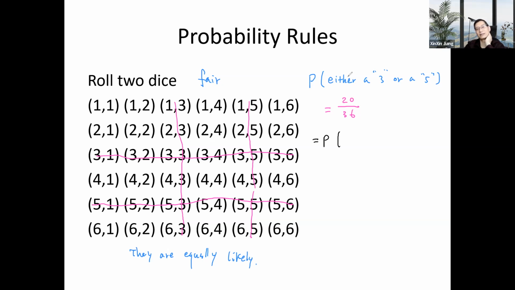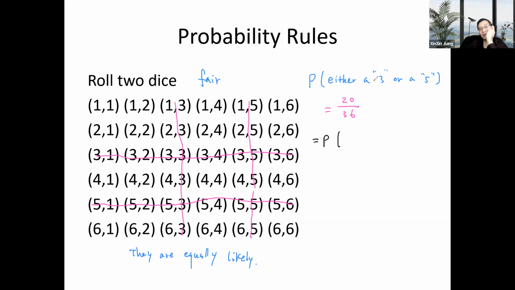Let's specify. Either a 3, so do we allow 2 3s? Either a 3 or a 5. What do I mean? Just once you see a 3 or you just see a 5, then it's included. But I don't want to specify exactly 1 3. How do I say that?